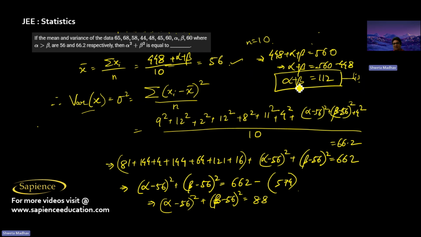And now from here 112 by 2 is also 56. So I can say alpha minus 56 plus beta minus 56 that is equal to 0 actually. So if I take this is x and this is y, then we can say from here x square plus y square that is equal to 88 and x plus y is 0. So it means y is equal to minus of x and so 2x square that is equal to 88. So x square will be 44, which is same as y square also.